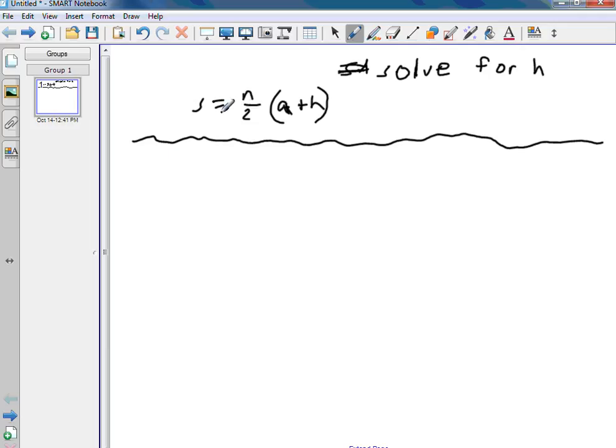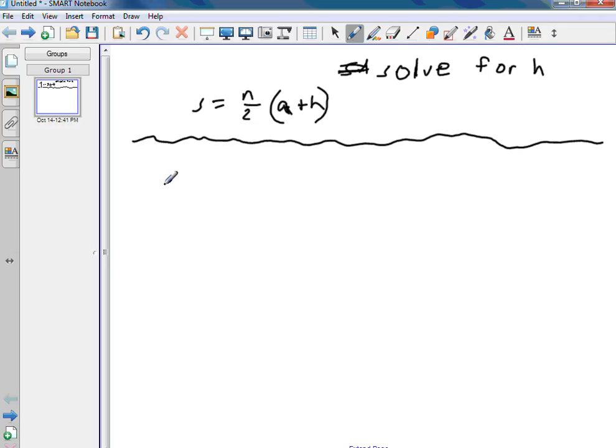Well, the first thing that I want to do here is let's get rid of the 2. What I'm going to do is say, what is happening right here to N, and it's being divided by 2. So the way to undo it is let's multiply both sides by 2.